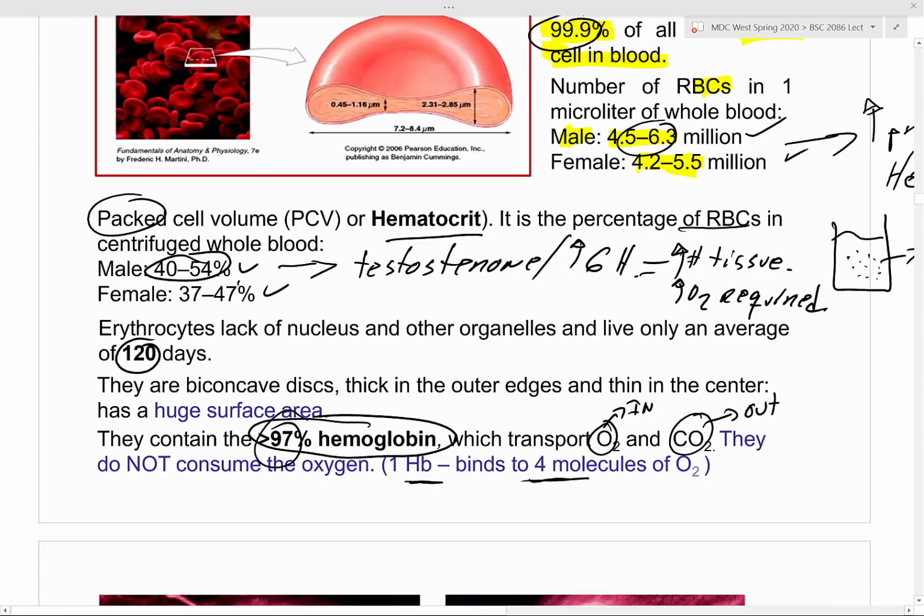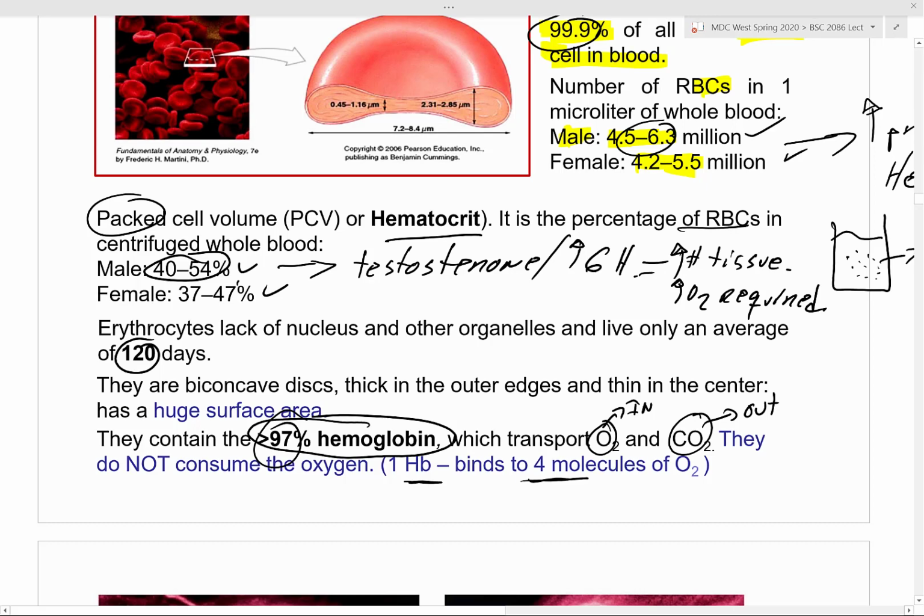So, what is hematocrit? Hematocrit is a packed cell volume, right? Packed cell volume of what? Of red blood cells. Okay? That's your hematocrit count. Normally, the hematocrit count is about 40 to 54% in males and 37 to 47% in females. Again, this is because of the what?